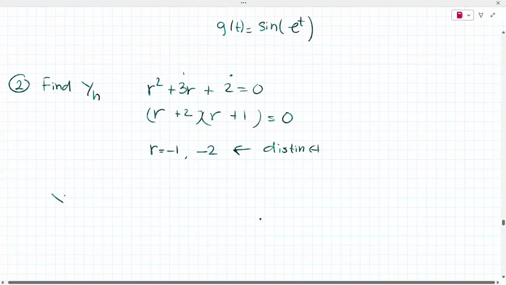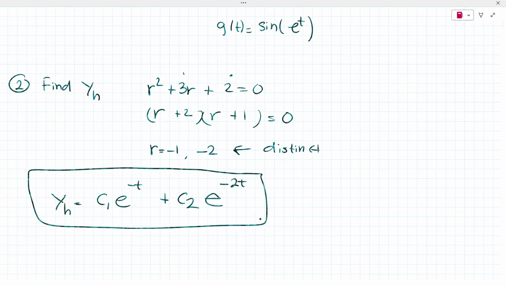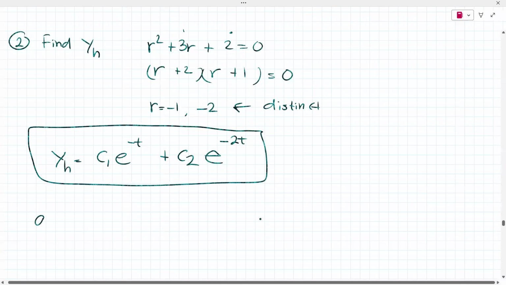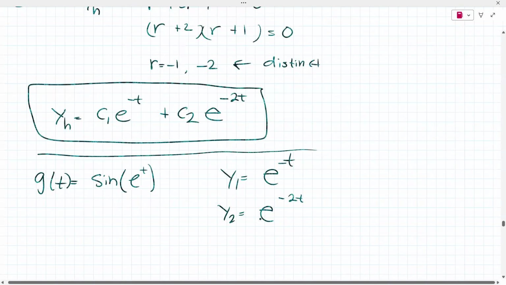So my yh is c1 e^(-t) plus c2 e^(-2t). And then my g of t is sin of e^t. And then my y1 is e^(-t), and my y2 is e^(-2t). Okay, go ahead and box it because we'll probably use it again.